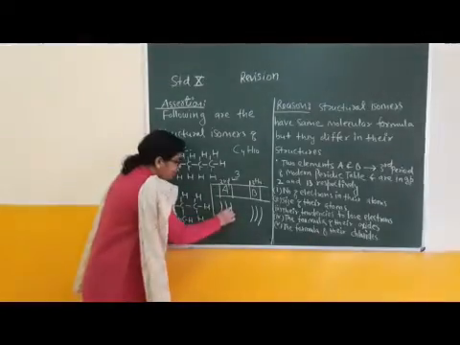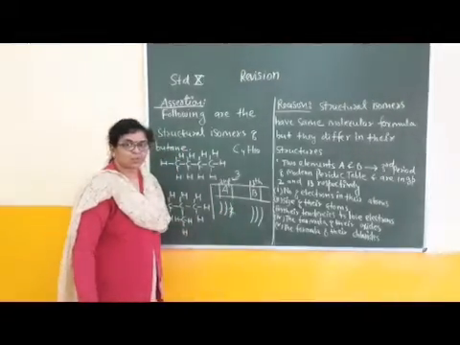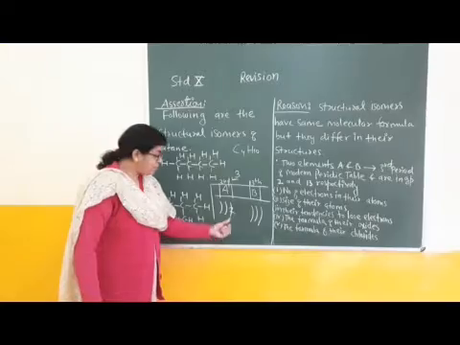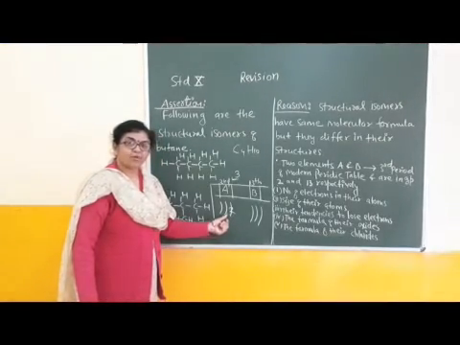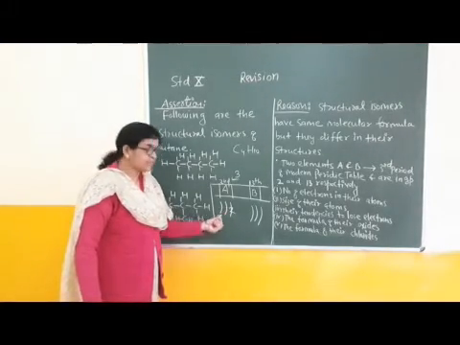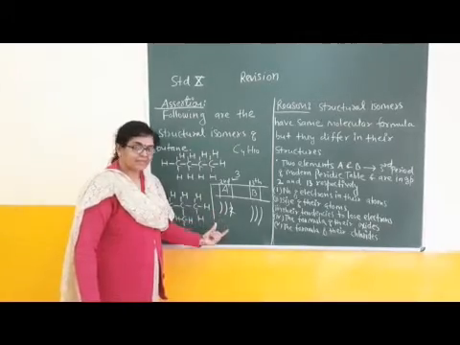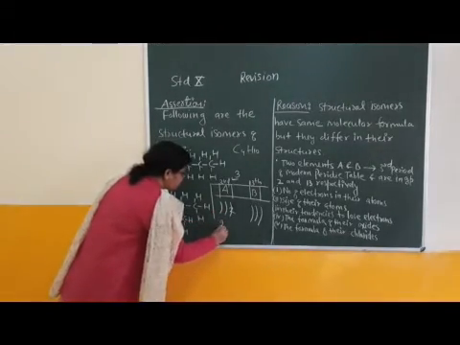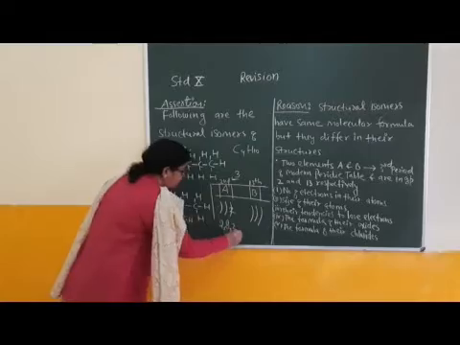It means how many valence electrons are present? 2. And before the outermost shell or valence shell, inner shells are completely filled. Like this: 2, 8, 2.